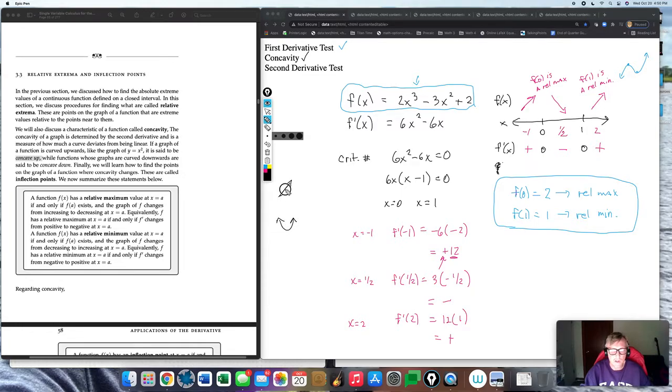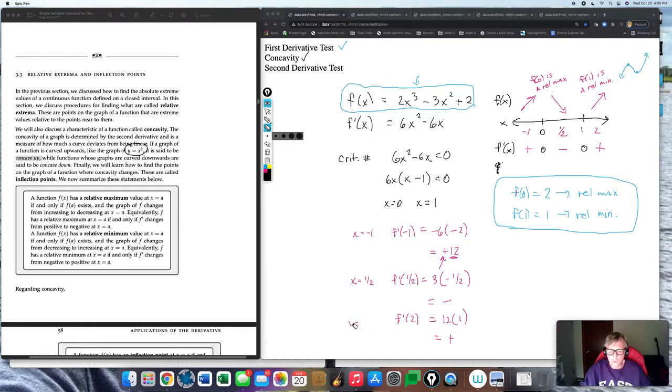So this looks like a line, and this looks like a parabola. That's why I referenced this example, because that graph on its entire domain is concave up. Concave down looks like this. So what we're going to do is this problem all over again.